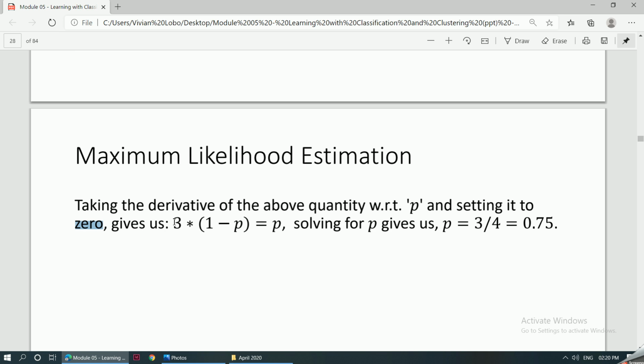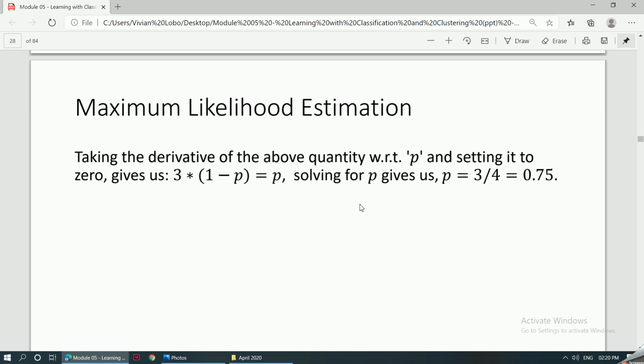Solving this, we take the 3 inside: 3 minus 3P is equal to P. Moving 3P to the other side, it becomes 4P. And therefore P is equal to 3 by 4, which is 0.75.